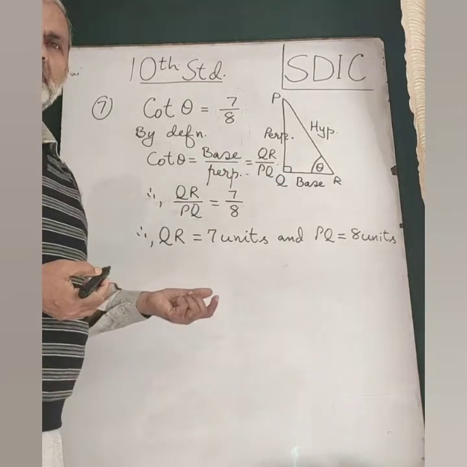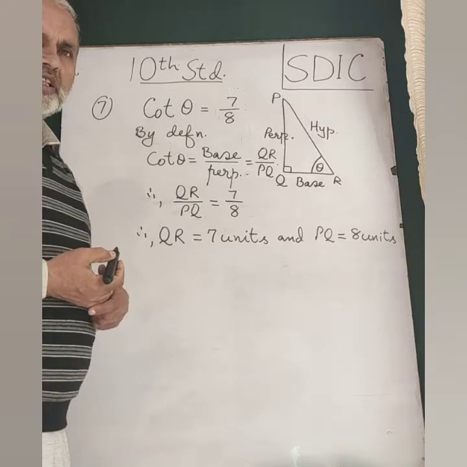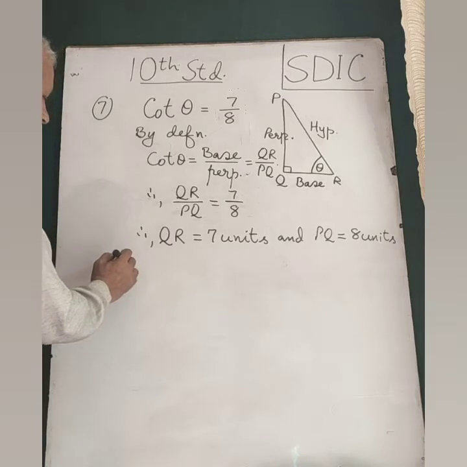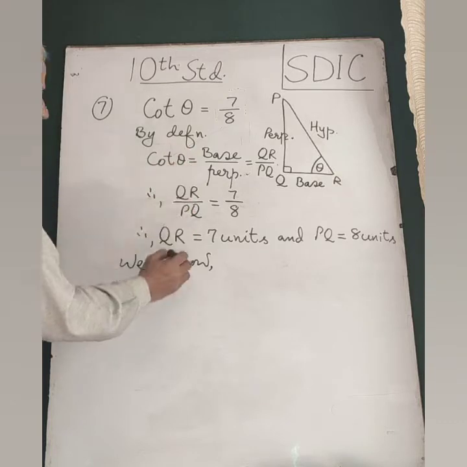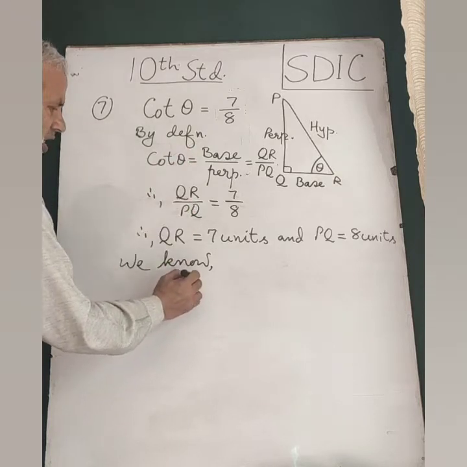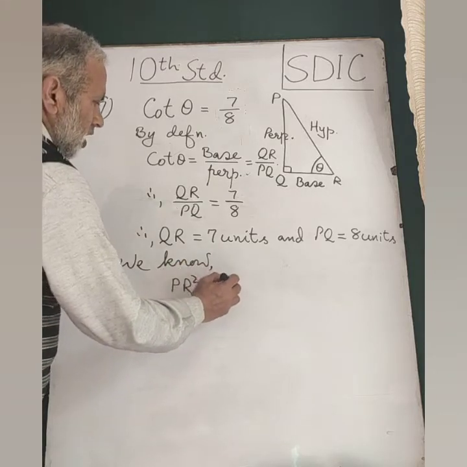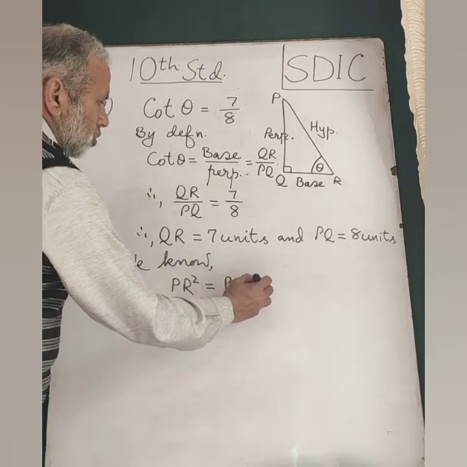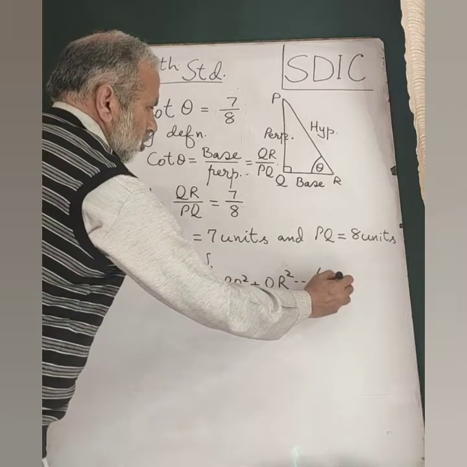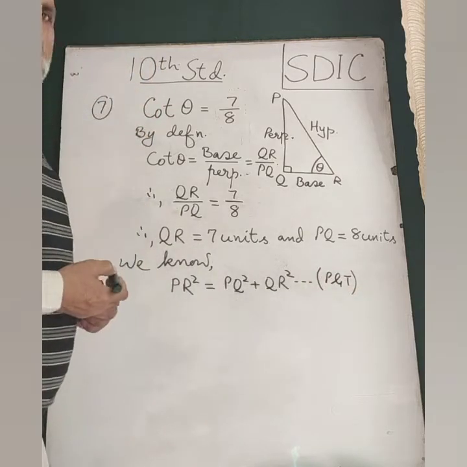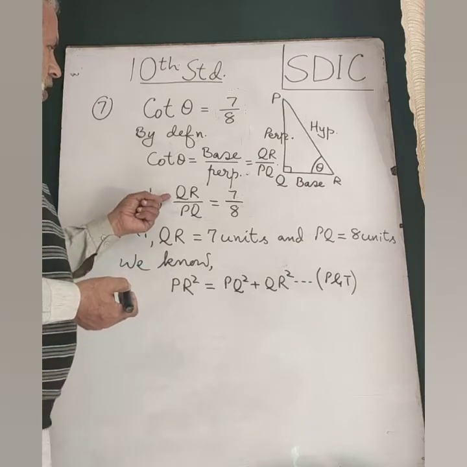Now comes the turn of finding the third side, and you know we find the third side by applying Pythagoras theorem. Applying Pythagoras theorem, PR square, hypotenuse here is PR, is equal to PQ square plus QR square. This is Pythagoras theorem. Now put in the values we know to get the measurement of the third side. We know QR, we know PQ.